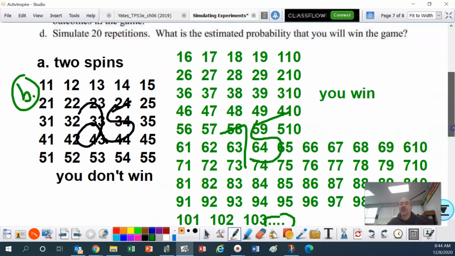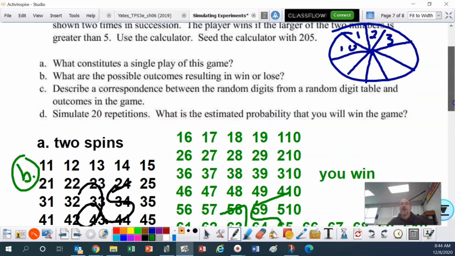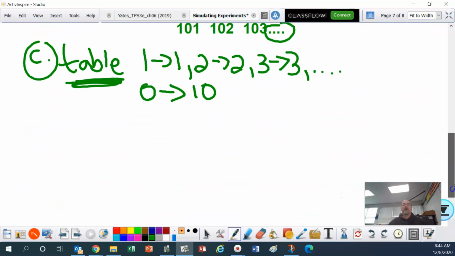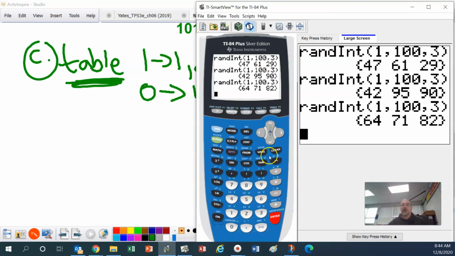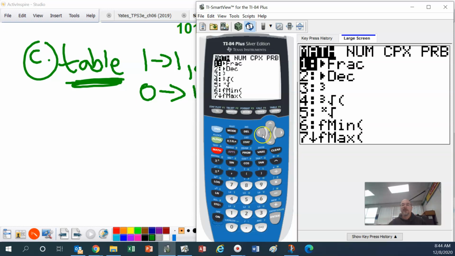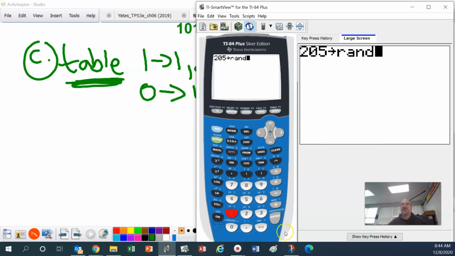Simulate 20 repetitions. What is the estimated probability you will win the game? Well, we're going to use the calculator, not the table. So seed the calculator with 205. All right, so here we go. 205, store, math, probability, rand.